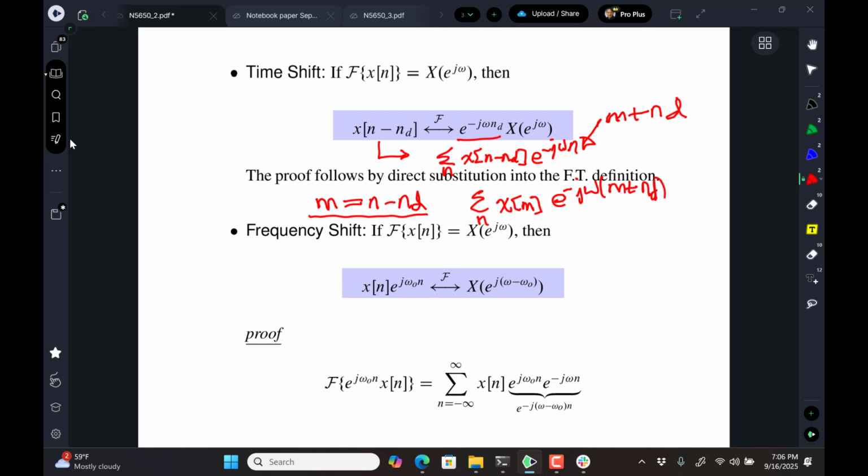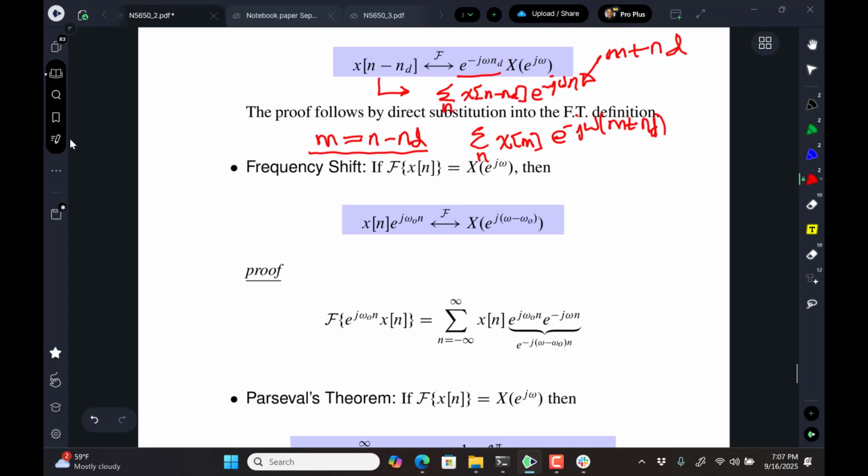I think I didn't draw a picture of that in here, but as a result of applying that theorem, it shifts it in one direction. It shifts it up by plus omega naught.